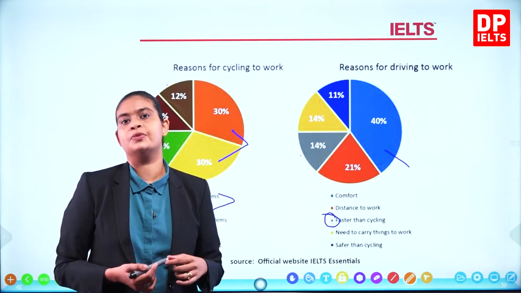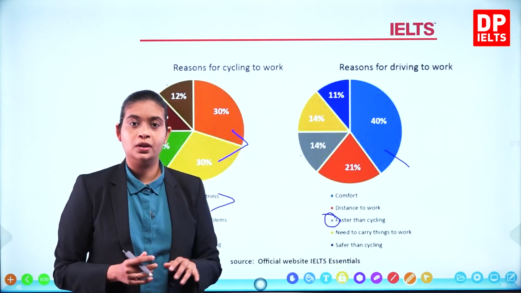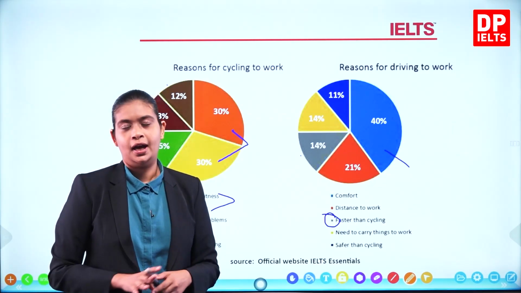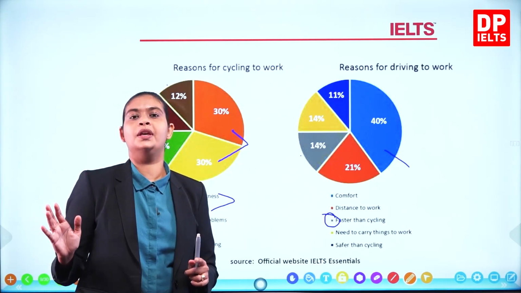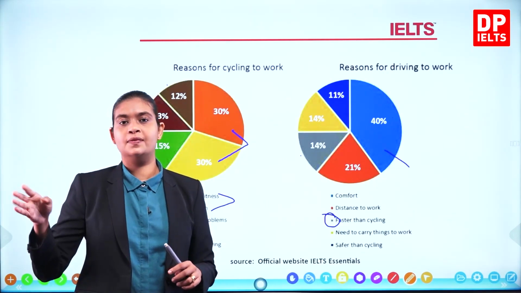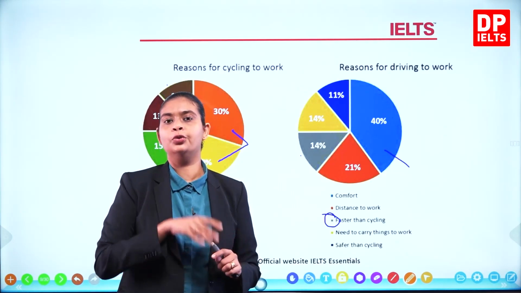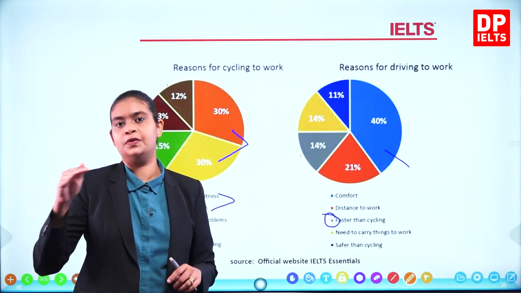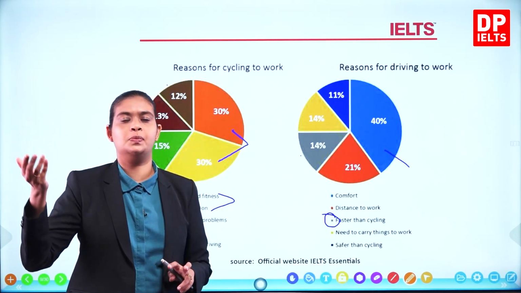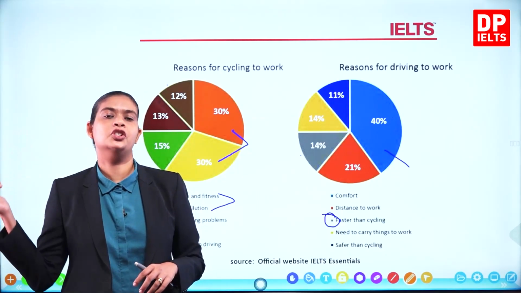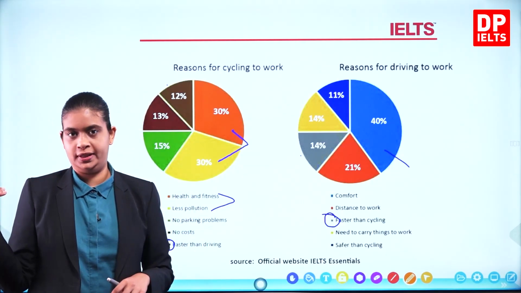Most of the students doing academic need 7. I'm talking about the majority. However, there could be some students who don't need 7 and who need below 7. So I have taught you how to read through the band descriptors. If you want a 5 or a 6 or 6.5, what should you achieve? So follow through with it. Okay.